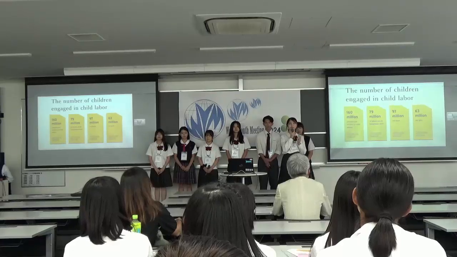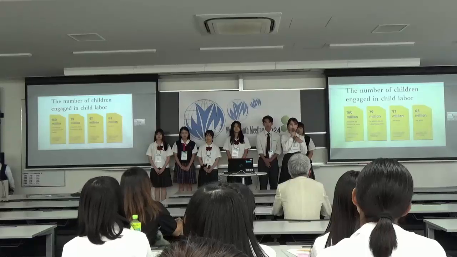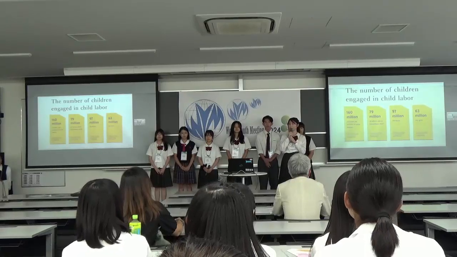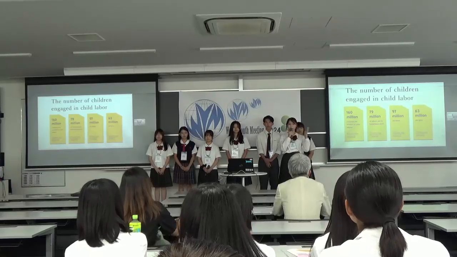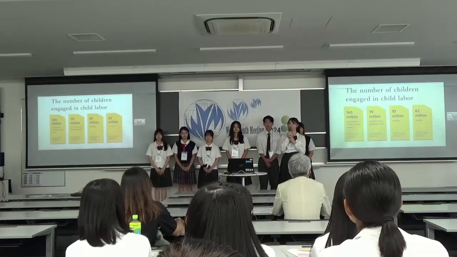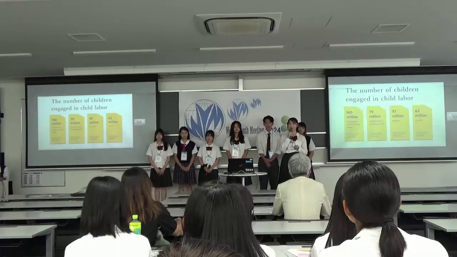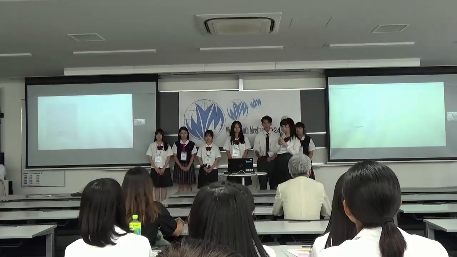Also, nearly 2/3 of all these children are boys and 1/3 are girls. 79 million of these children work in the most dangerous jobs. Did you know there are so many? In fact, the supply routes for products have become complicated, and the fact of child labor is being hidden.